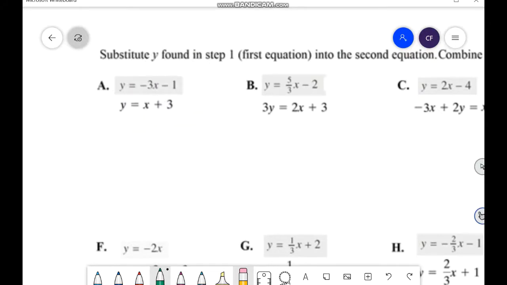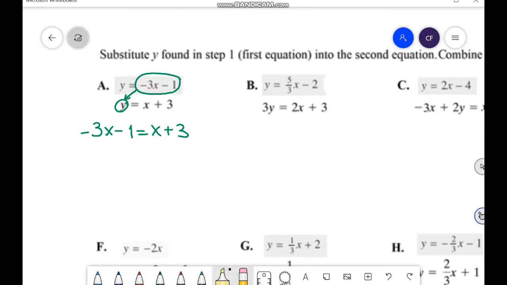The first equation, y equals negative 3x minus 1. So we isolated y, we found the value of y, and we will plug it into the next equation. Substitute y by negative 3x minus 1. So let's substitute here. Negative 3x minus 1 equals x plus 3.